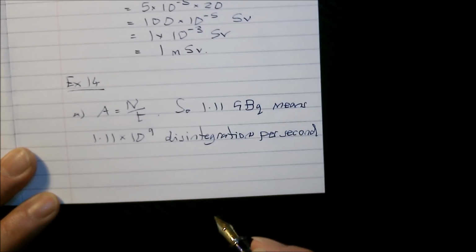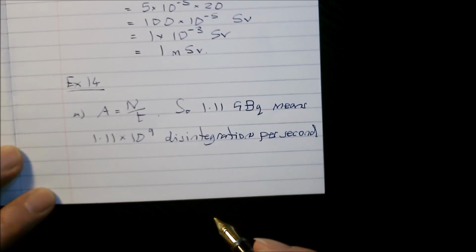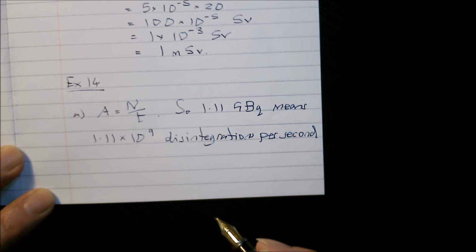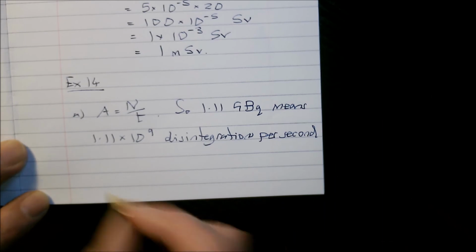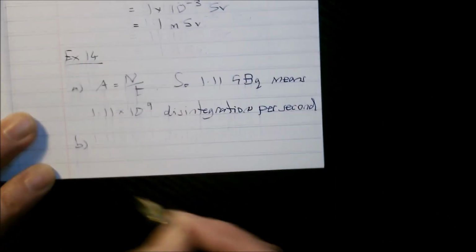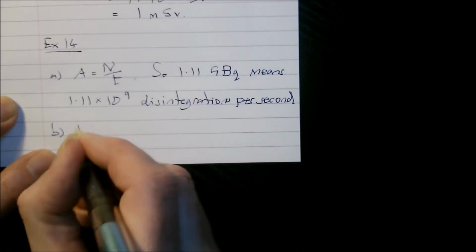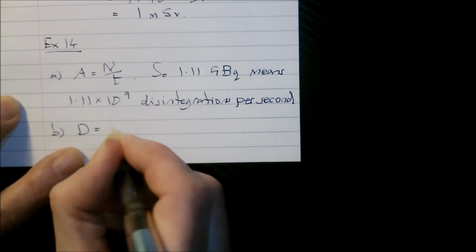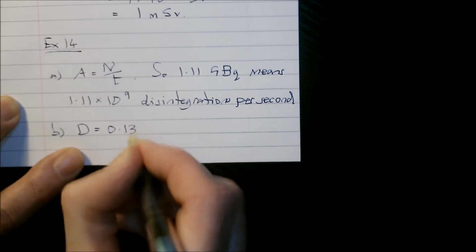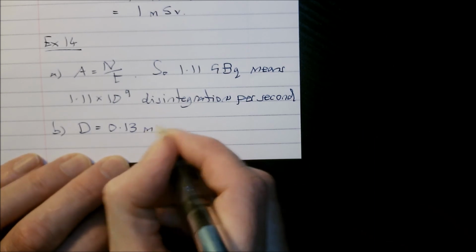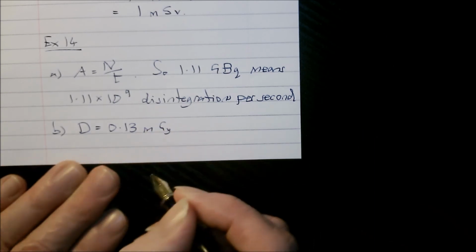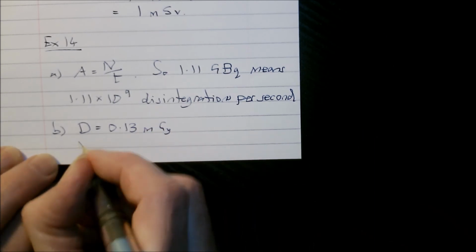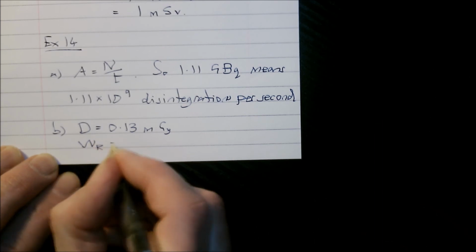A sample of tissue exposed to this radiation receives an absorbed dose of 0.13 milligrays with a radiation weighting factor of 9. Calculate the equivalent dose. So we're given the absorbed dose, 0.13 milligrays, and the radiation weighting factor, WR, equals 9 for this.